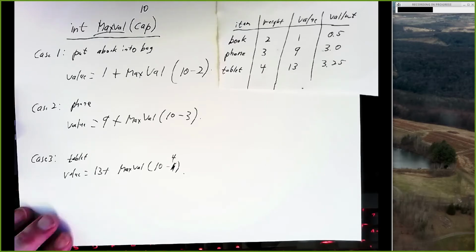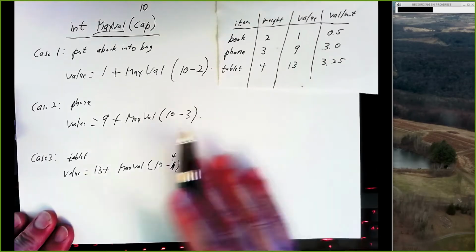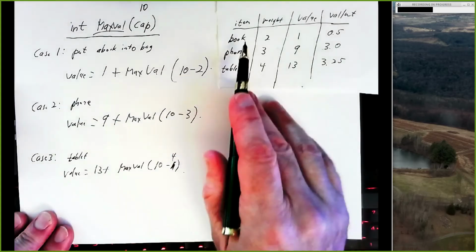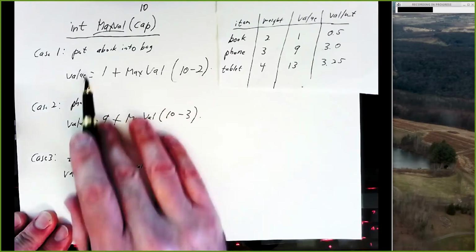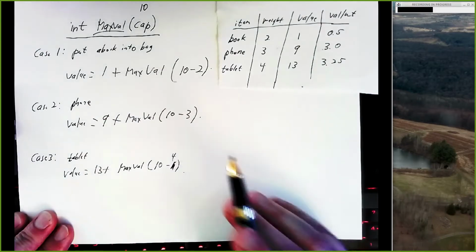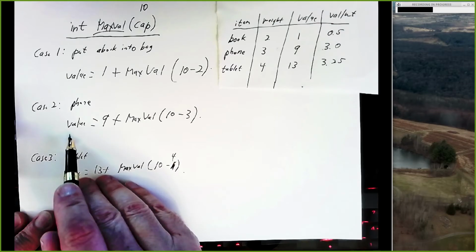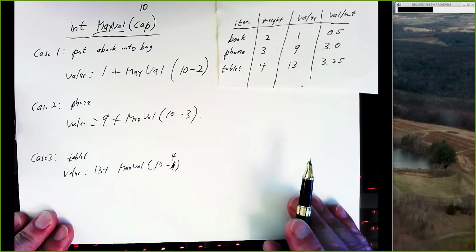But the effect is, right, for each item in the bag, we want to calculate the maximum value we can get by putting that item into our bag. And then pick the largest of those 3. That tells us which item we should start with, and it also tells us what the maximum value is that we can get.